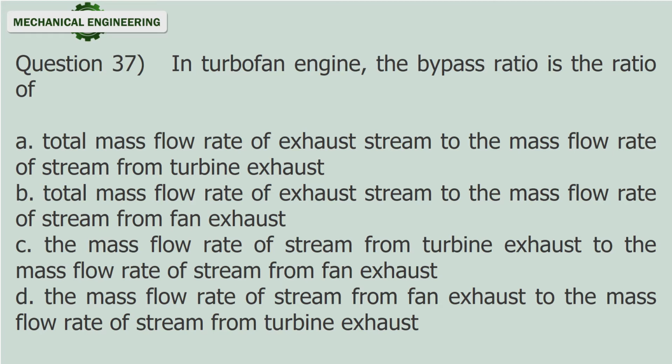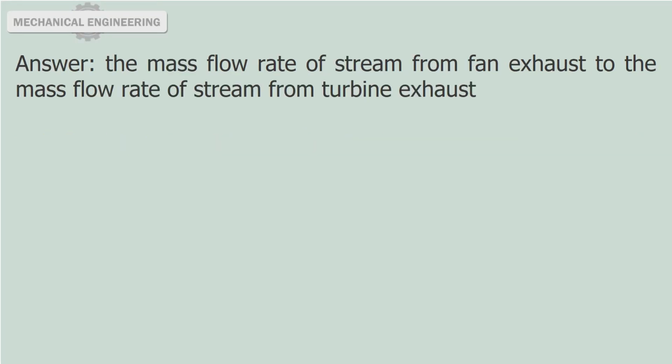D. The mass flow rate of stream from fan exhaust to the mass flow rate of stream from turbine exhaust. Answer: the mass flow rate of stream from fan exhaust to the mass flow rate of stream from turbine exhaust.